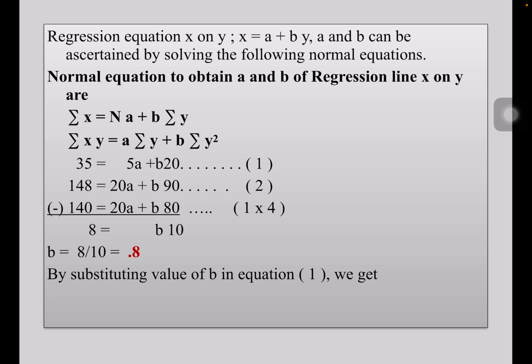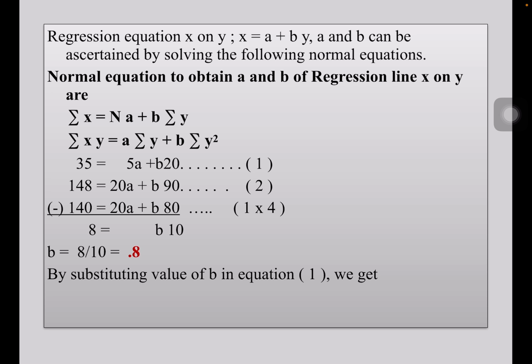When you substitute, sigma x is equal to na plus b sigma y, sigma xy is equal to a sigma y plus b sigma y square. So, let us put all the values. 35 is equal to 5a plus 20b is the first equation. 148 is equal to 20a plus 90b is the second equation.